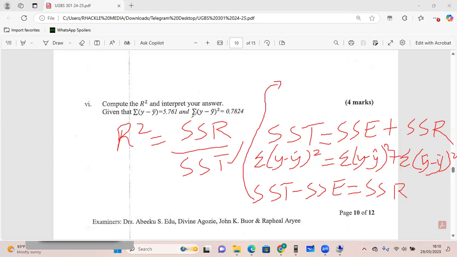This squared, 5.761 squared, minus SSE is here, right? So they've already given it to you squared already. So minus 0.7824.